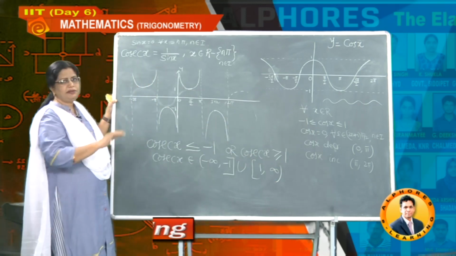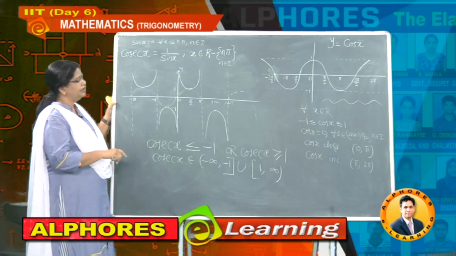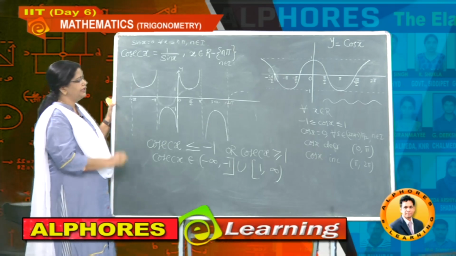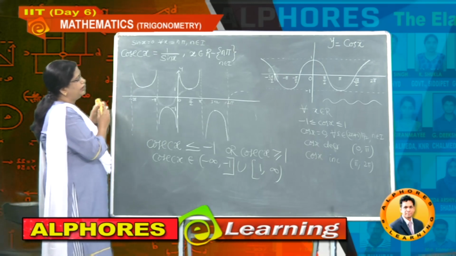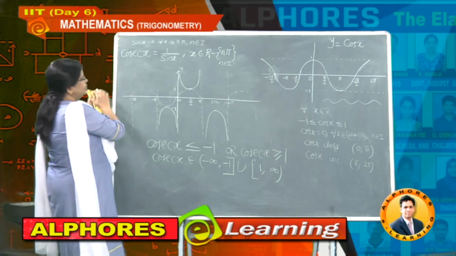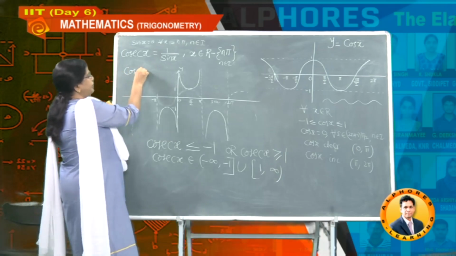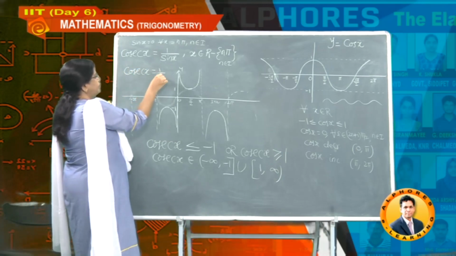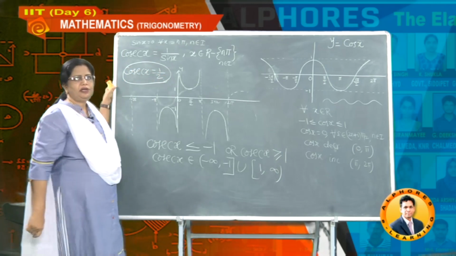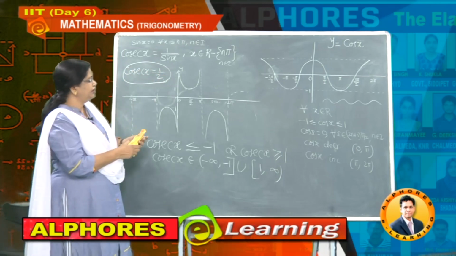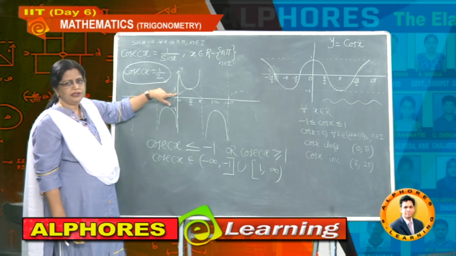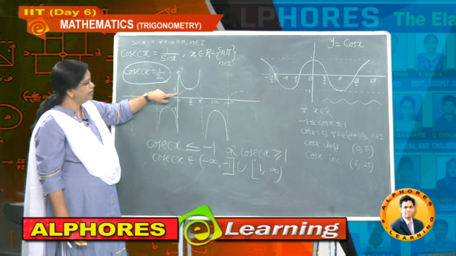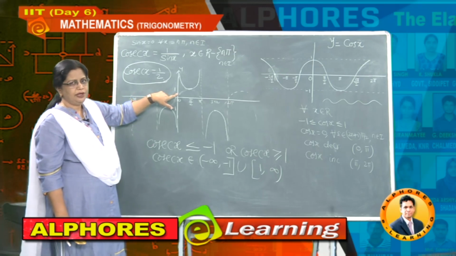So only these values. So what is our other knowledge from this cosecant x function? Suppose I say cosecant x is equal to 1 by 2. Is it the right equation or wrong equation? Will cosecant x take 1 by 2 any time here? No doubt, it is not taking. So cosecant x cannot be 1 by 2.